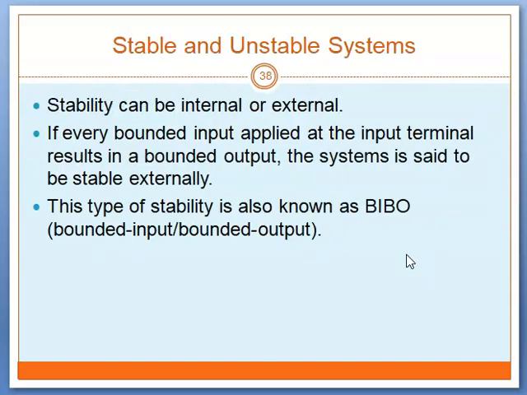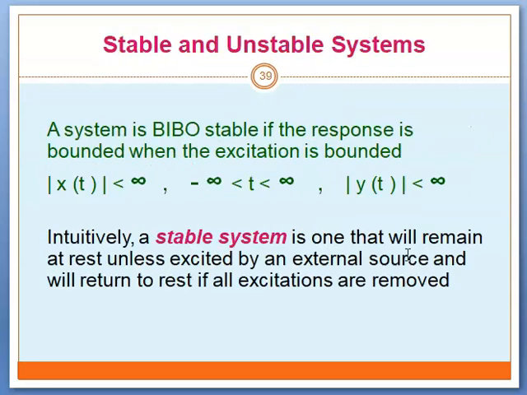Finally, we have the stable and unstable systems. Stability can be internal or external. If every bounded input applied at the input terminal results in a bounded output, the system is said to be stable externally. This type of stability is also known as BIBO, bounded input bounded output.